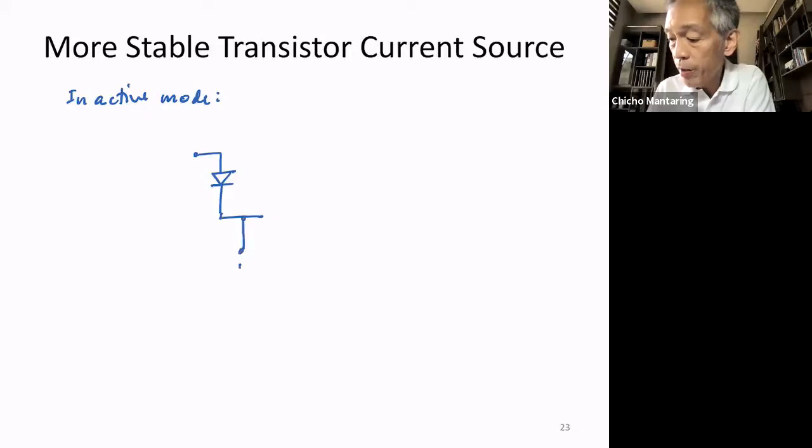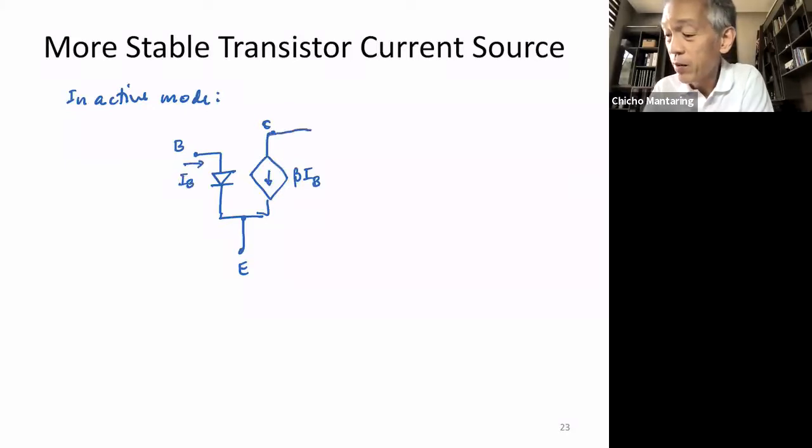So let's say this is my emitter, this is my base. Between the base and emitter, I have a diode. And between my collector and emitter, I have a controlled source, and this is beta times IB, where IB is the base current. So this is my model.